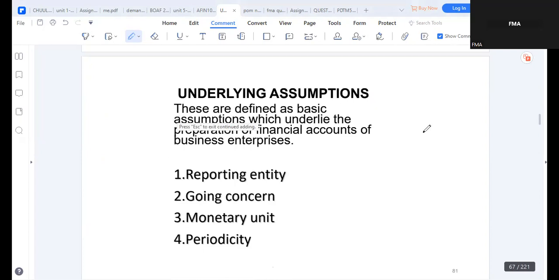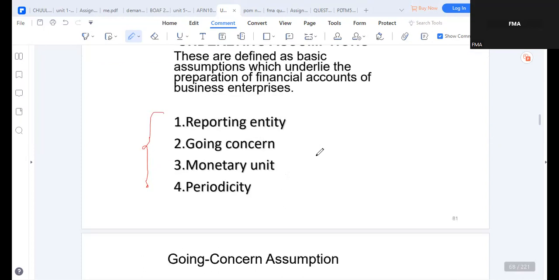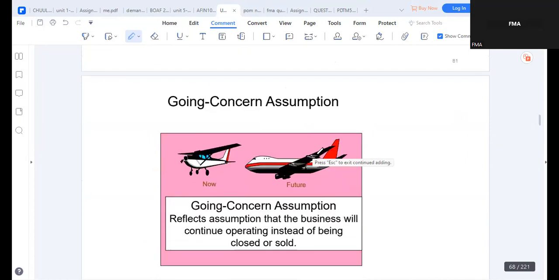So there are underlying assumptions that underlie the preparation of financial accounts. Number one, the reporting entity. Number two, going concern. Number three, monetary entity. Number four, periodicity. Accounts assume that whenever you're preparing the records, you must assume that it may have a going concern.